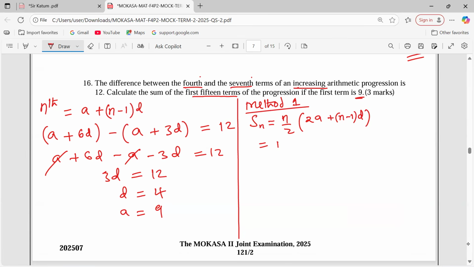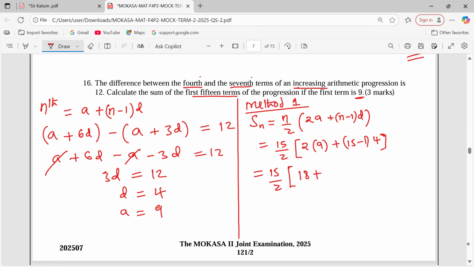So we talk about 15 over 2 by the first term, twice 9, plus (15 minus 1) multiplied by 4. This is 15 over 2 into 18 plus 14 by 4.